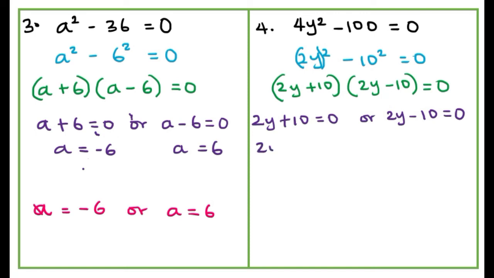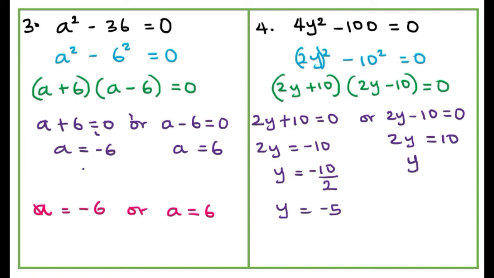And 2y equals negative 10, such that y is equal to negative 10 out of 2, which is the same as negative 5. This side we get 2y equals 10, and y equals 10 out of 2, which is equal to 5. So our final answers are that y equals negative 5, or y equals 5.